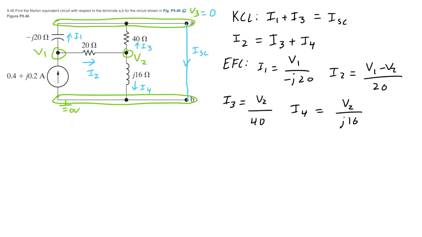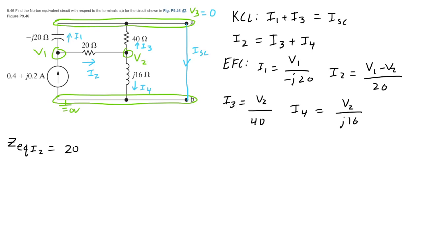So I went ahead and did a Z equivalent for finding the current I2, because I2 is split between I3 and I4, the 40 ohm and the j16 ohm impedances. Anyway, I call it Z-Q-I2. Basically just adding them all up to make it easier to find V1, and once we find V1, we'll go to find V2.